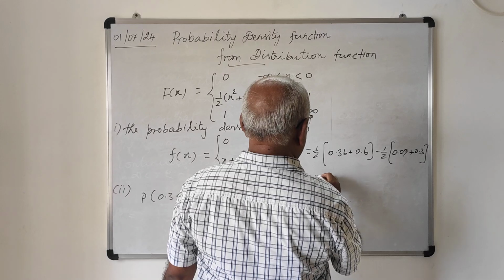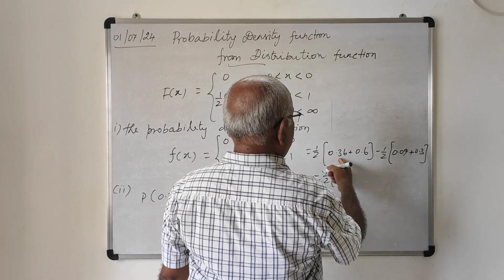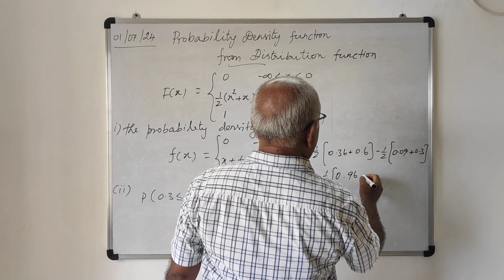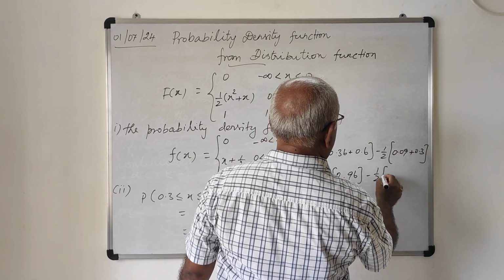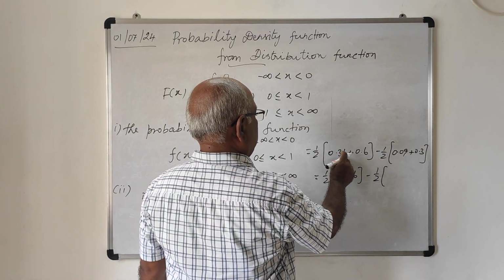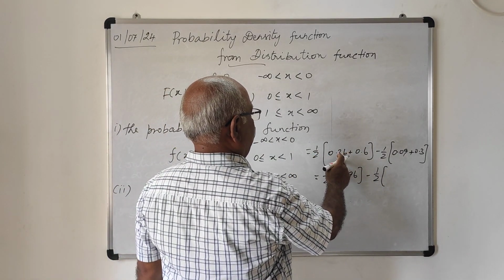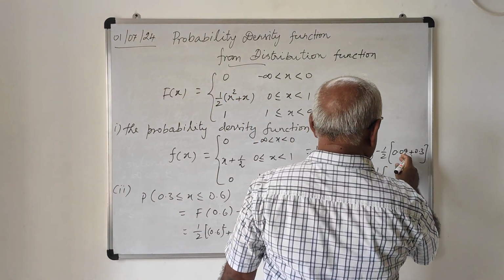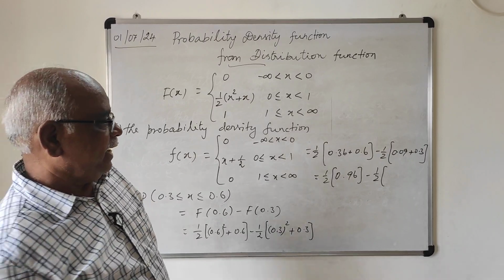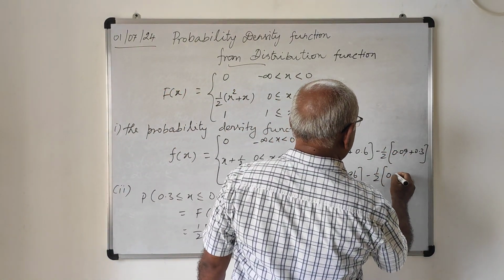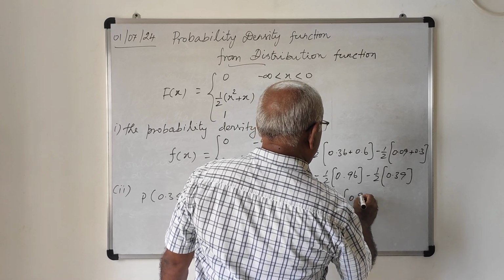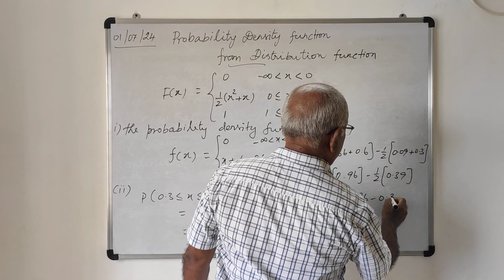So this is again equal to 1 by 2 into 0.36 plus 0.6, which is 0.96, minus 1 by 2 into 0.09 plus 0.3, which is 0.39. You can now take the common factor 1 by 2 out: 1 by 2 into 0.96 minus 0.39.